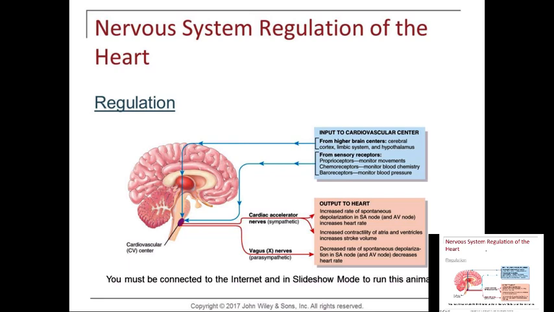So when you look at certain regulators, it's really important to understand the major influence, especially in that region right here called the medulla oblongata. Remember the importance of the vagus nerve, cranial nerve number 10, but in the medulla is the cardiovascular center, really important.